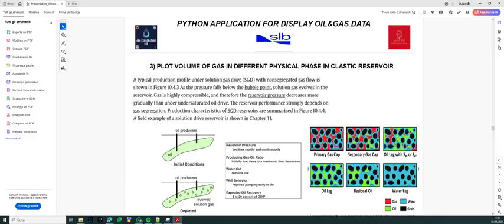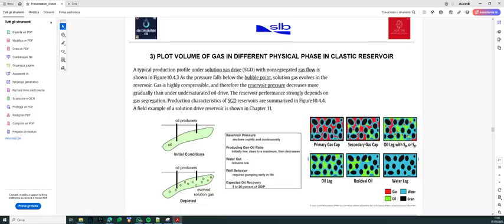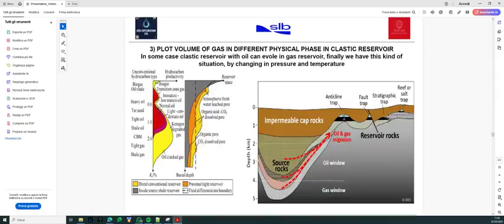A typical production profile under solution gas is this. For a primary gas cap we have this situation, gas but also water, and there can also be an evolution to a mixed phase, gas, oil, water, with intergranular residual oil.